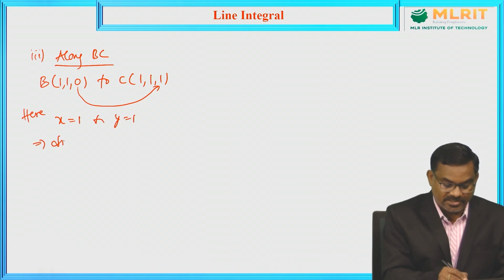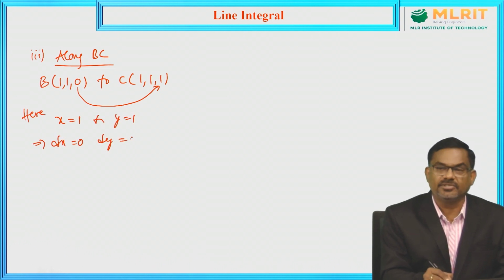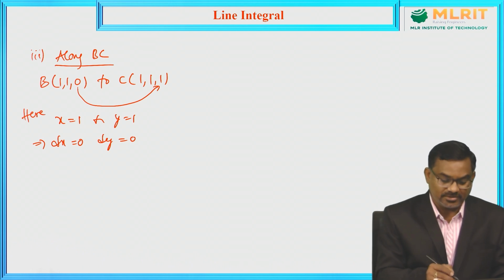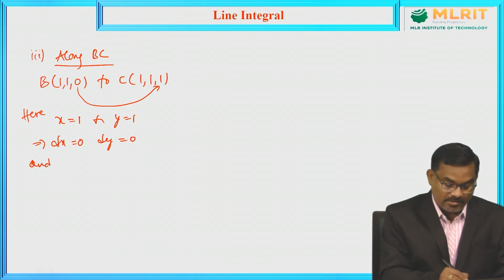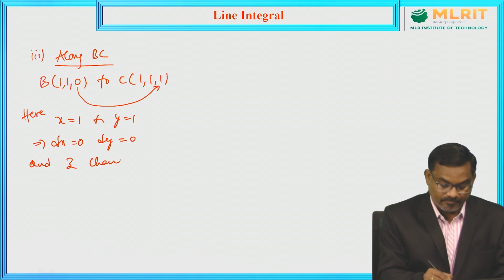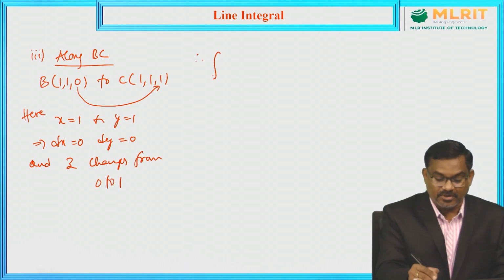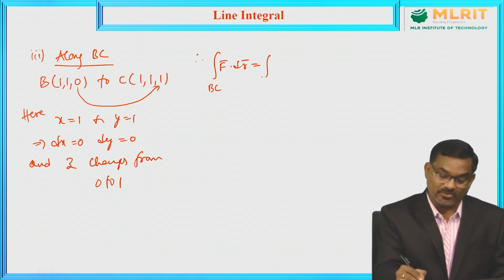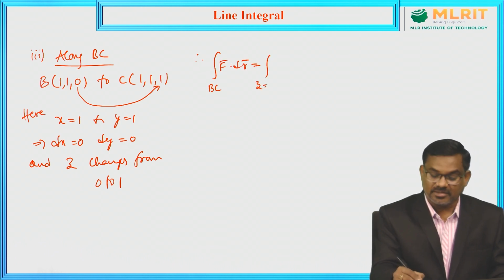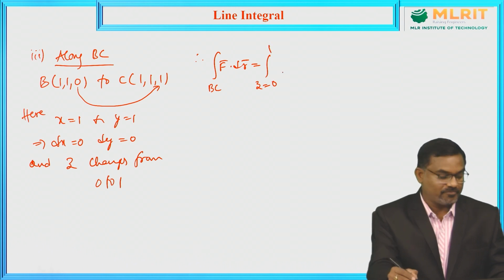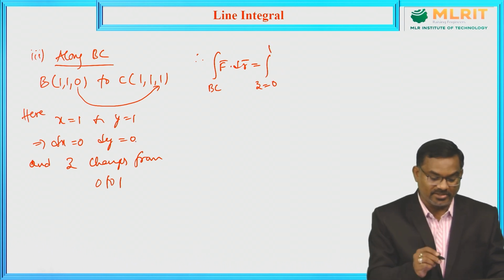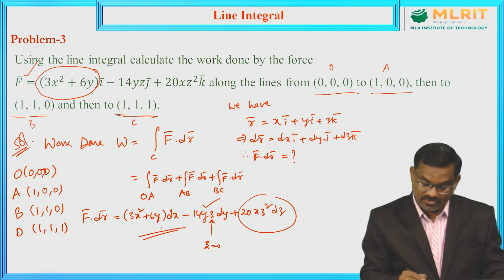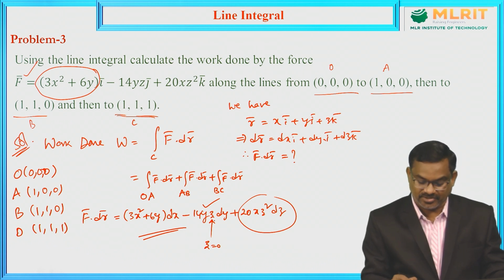That implies dx will be 0, dy will be 0, the derivatives vanish, and z changes from 0 to 1. Therefore, the line integral along BC of f bar dot dr bar is the integral from z equal to 0 to 1 of f bar dot dr bar, with dx 0 and dy 0. So the first two terms vanish and x equal to 1, y equal to 1.